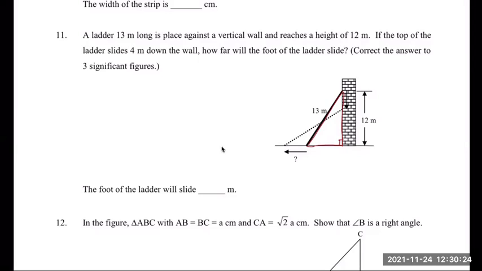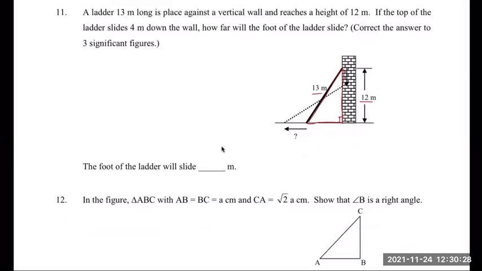And we know that this side is 12, this side is 13. What about this side? So the first step, we need to find the length of the floor or the x.